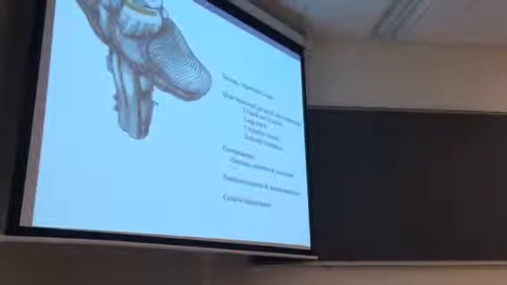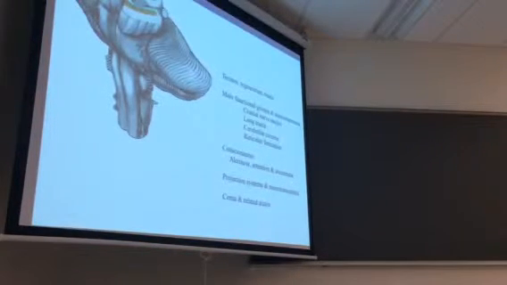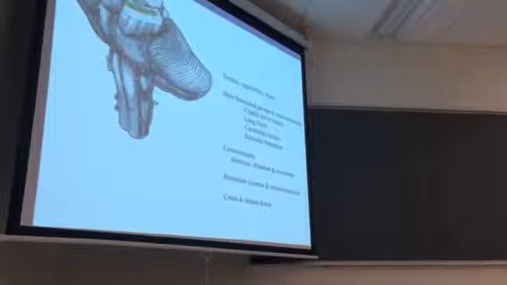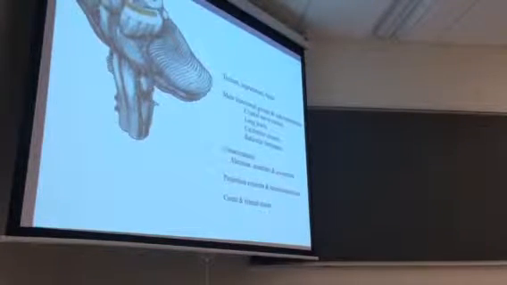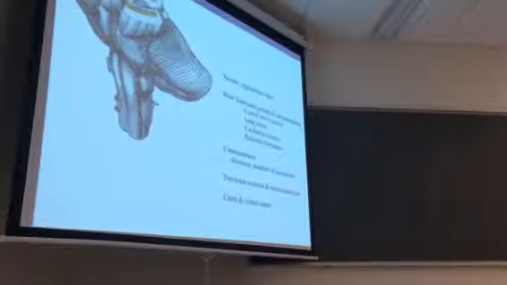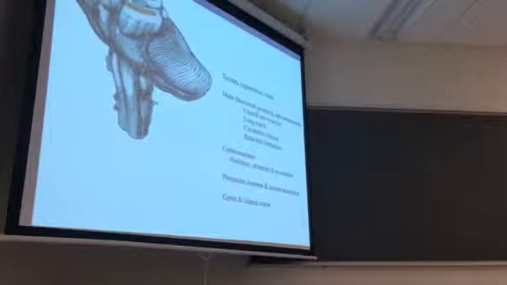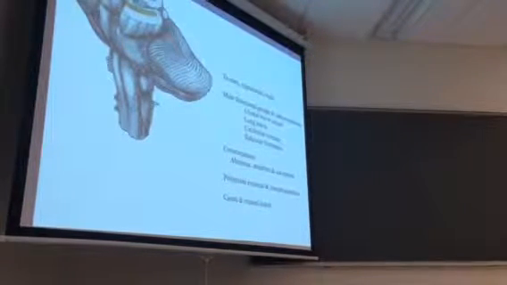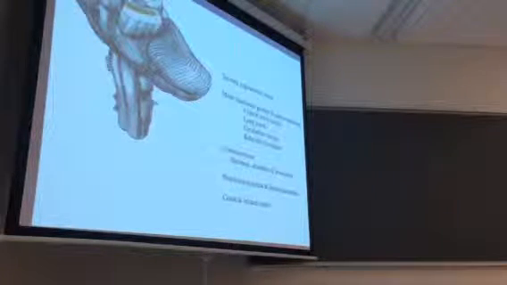reticular formation in particular. We're going to spend some time talking about consciousness as in alertness, attention, and awareness. As you lose components of this, you have everything from a state of non-awareness, non-alertness, which is pretty minor, to unconsciousness, to coma, to brain death.